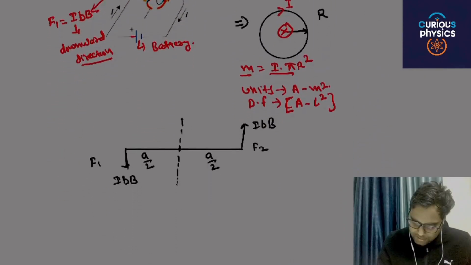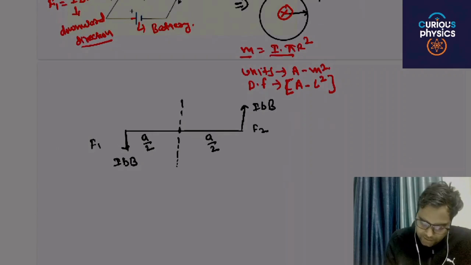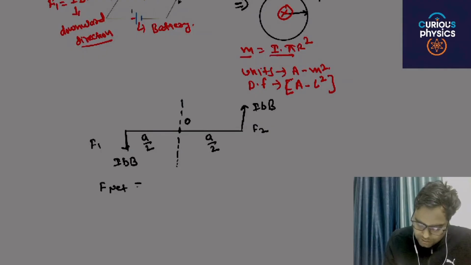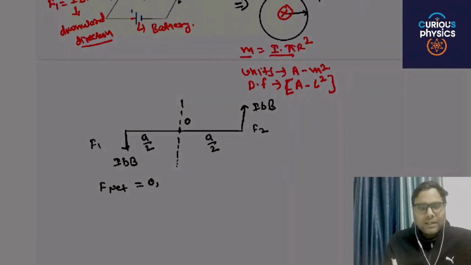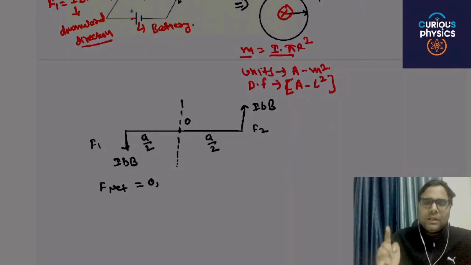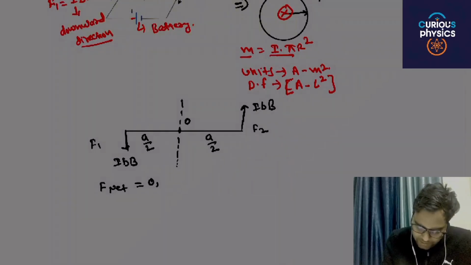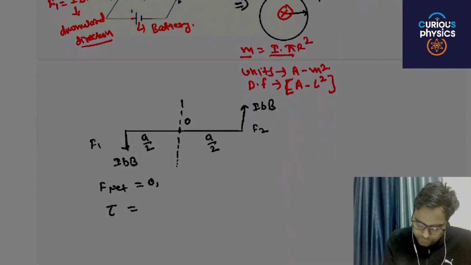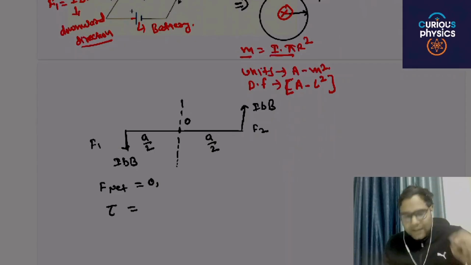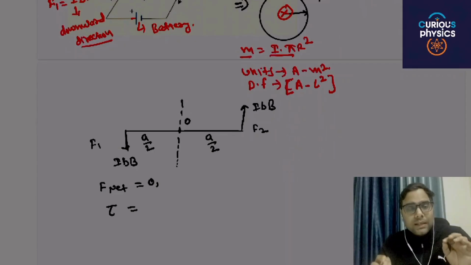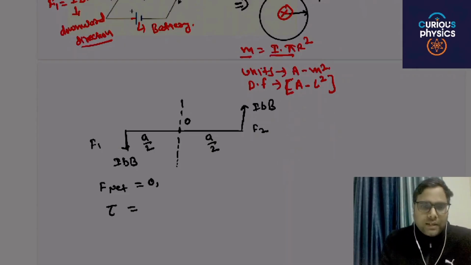Next, what is the value of torque about this point O? First of all, the net force on this loop, F net, is equal to 0, because F1 is in downward direction and F2 is in upward direction. So F net is 0. And for the torque, this F1 force tries to rotate this loop in anti-clockwise direction, and this F2 force also tries to rotate this loop in anti-clockwise direction.